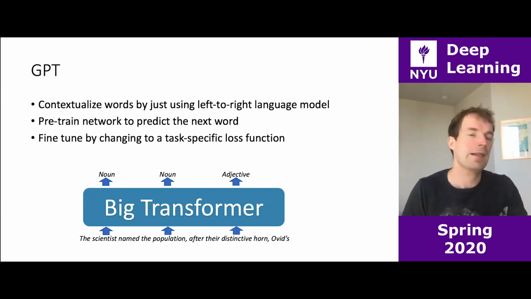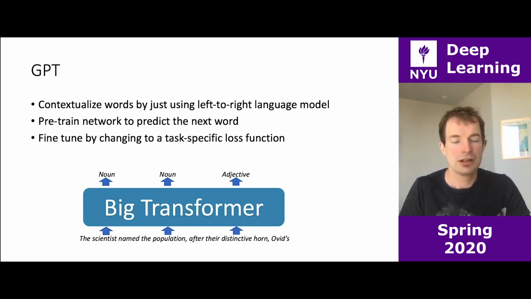Before this, there were actually a few years when people were building all these crazy architectures. You build a different architecture for a question answering model or a sentiment analysis model. Now you pre-train one big model, and then it's really easy to fine-tune it to do whatever you like. So that was a really big step forward.